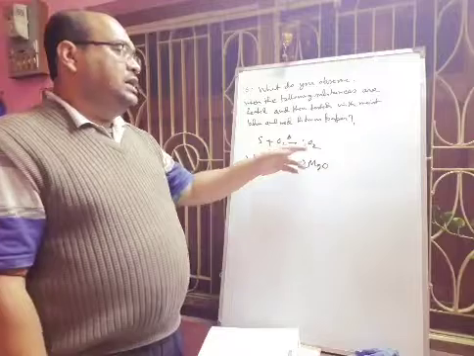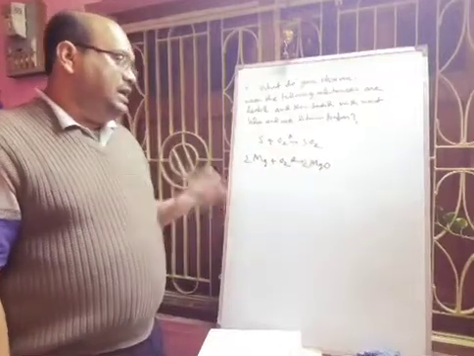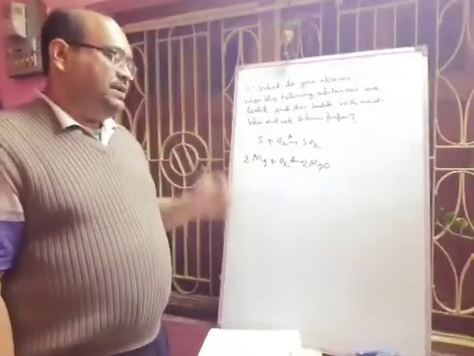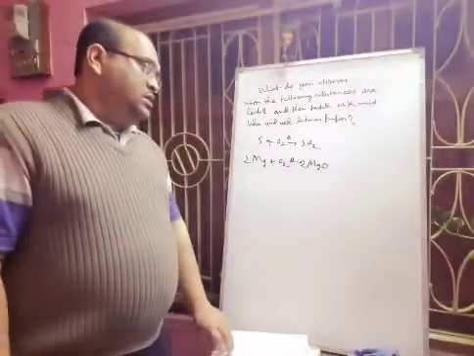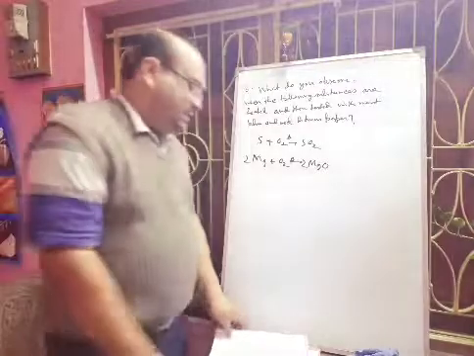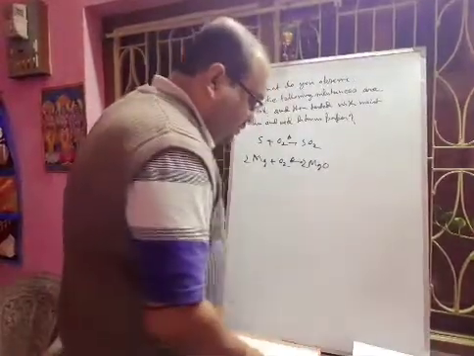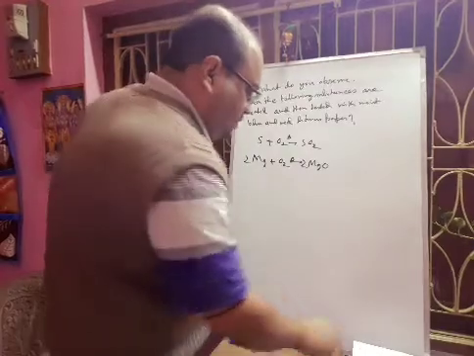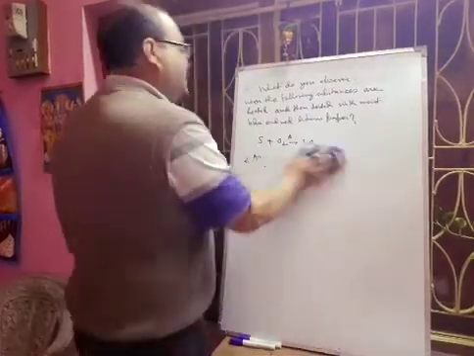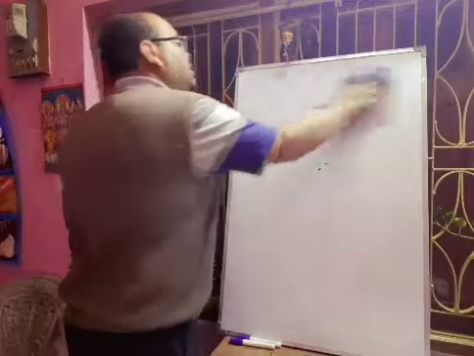That is why it will turn the blue litmus paper red, and this one will turn the red litmus paper blue. Hope you can understand. So this type of questions are very important. Sometimes they can give you matching also. Matching type of questions are also important.